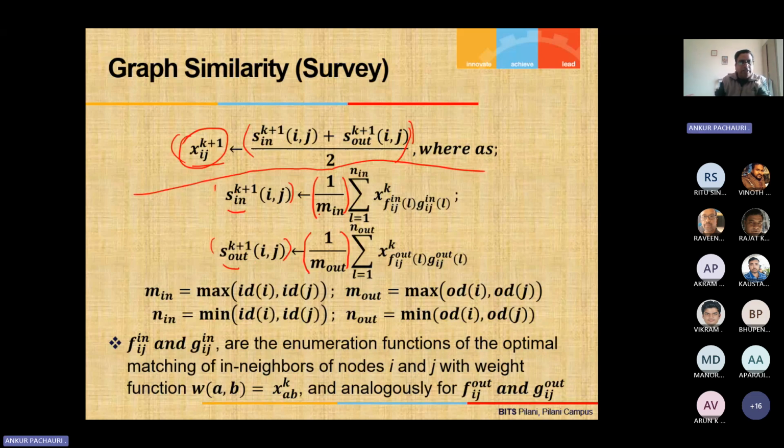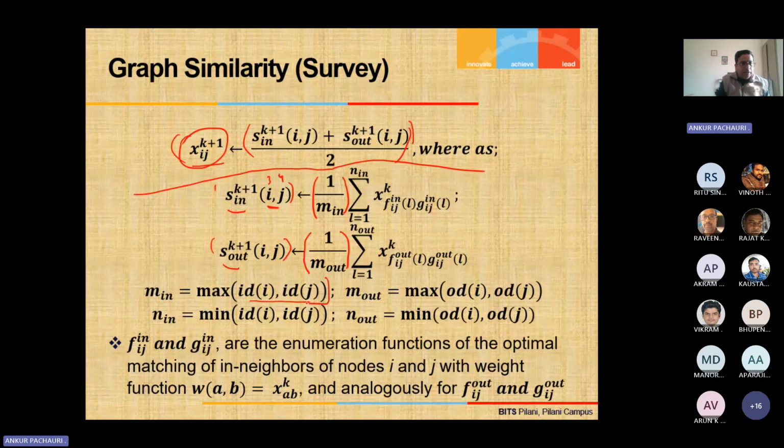So what is M in and what is M out? M in is the maximum of the in-degree of the nodes we are working on, xij. Whoever has the maximum in-degree, I normalize by that. If I'm working on node 3 and node 4, whoever has the maximum in-degree, I will normalize the similarity score by that maximum degree. So that is again a normalizing factor.